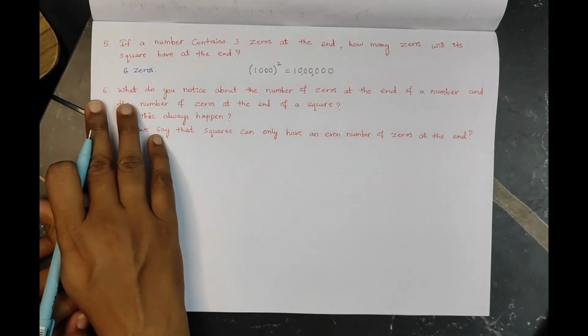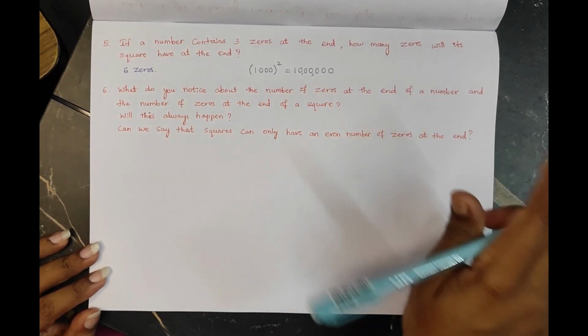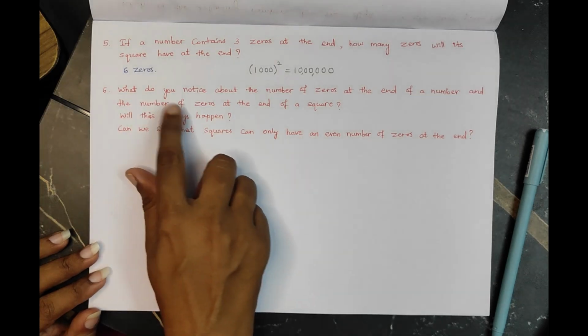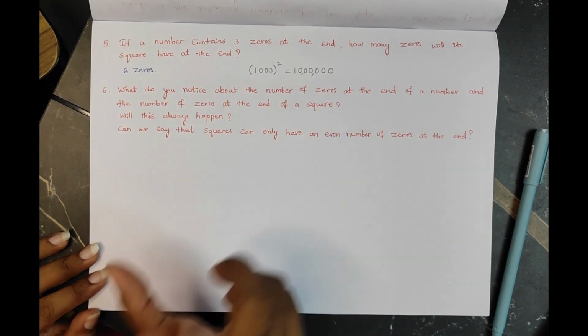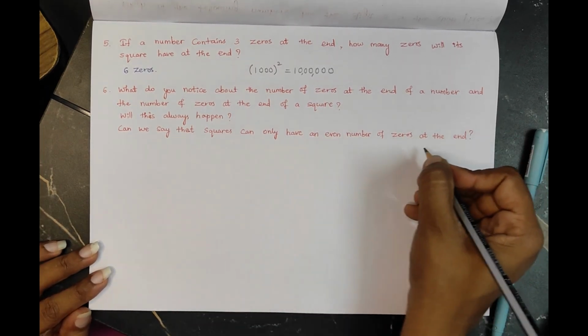Okay, coming to the sixth question. What do you notice about the number of zeros at the end of a number and the number of zeros at the end of a square? First we'll write down the examples.